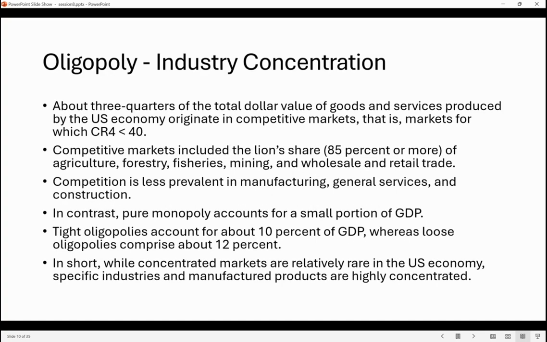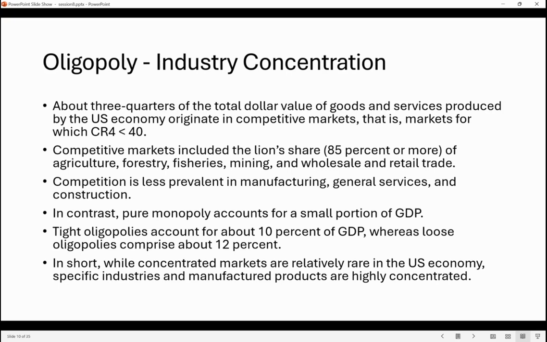If you're going to use this concentration ratio in the real world to see to what extent the U.S. market is monopoly, oligopoly, or perfect competition, we would say that the numbers tell us that about 3/4 of the total dollar value of goods and services produced in the U.S. comes from competitive markets, right?